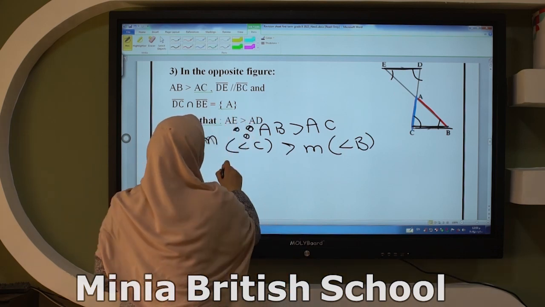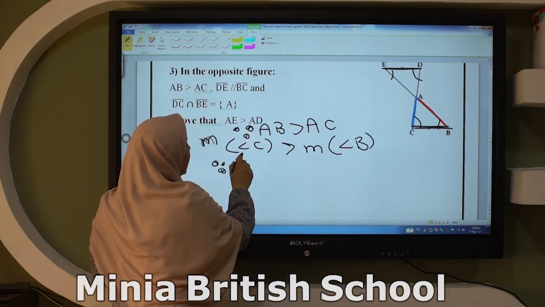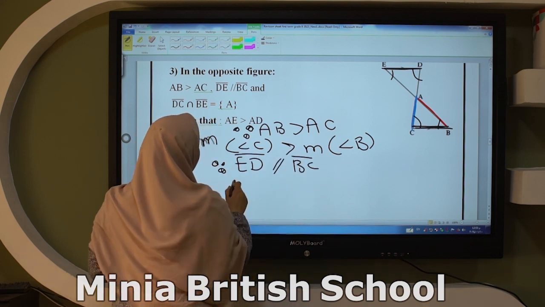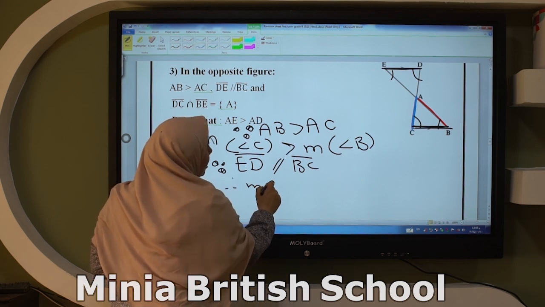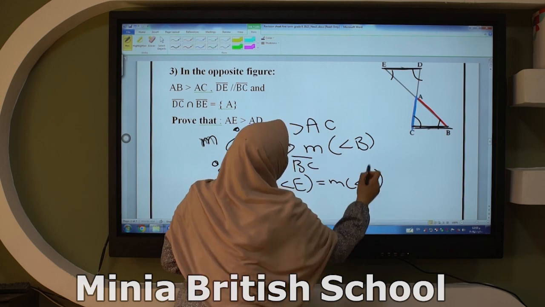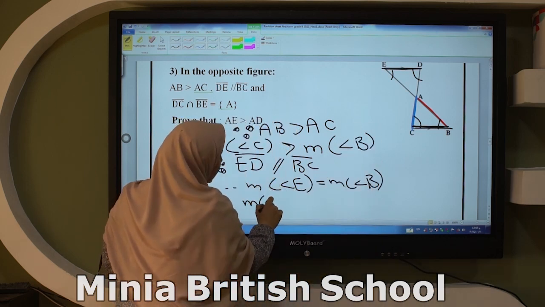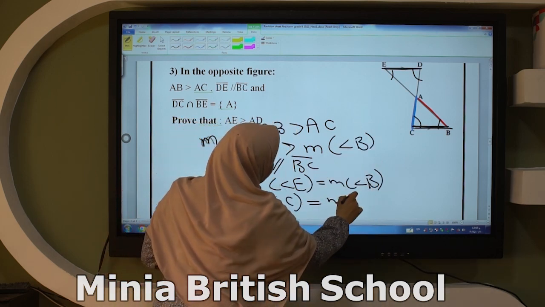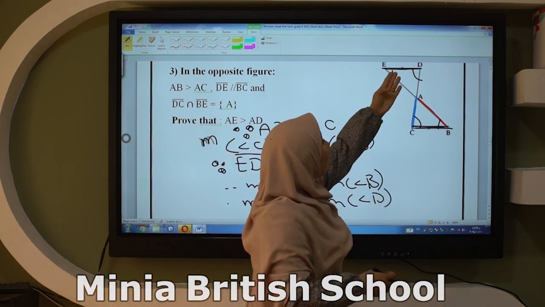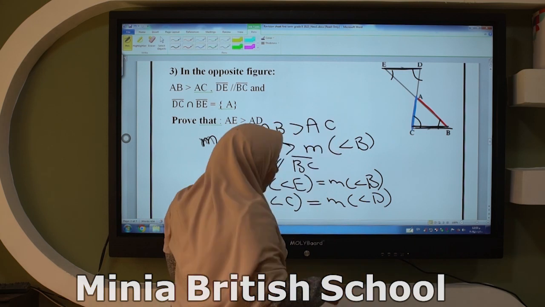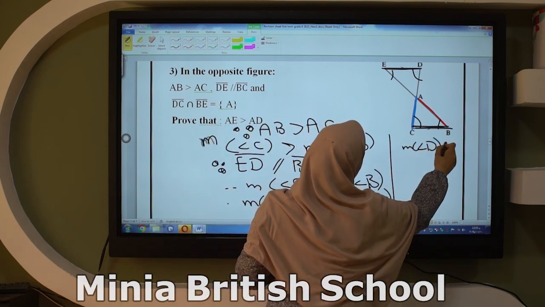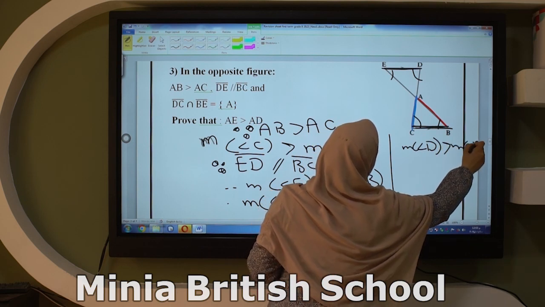Since ED parallel with PC, therefore measure of angle E equal measure of angle P, and measure of angle C equal measure of angle D. Then we can say measure of angle D greater than measure of angle E. Measure of angle D greater than measure of angle C.